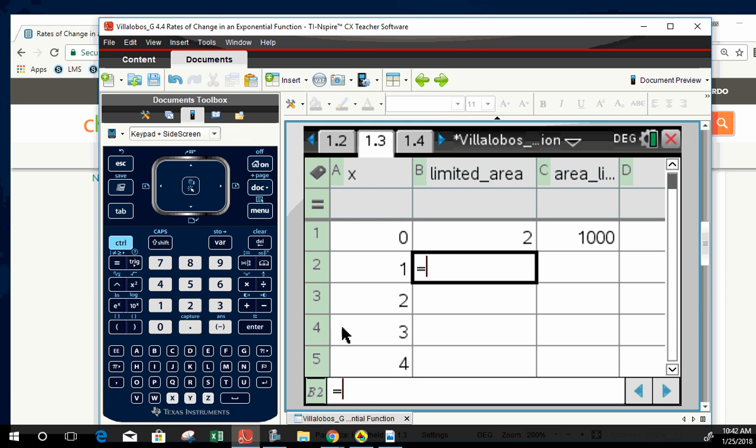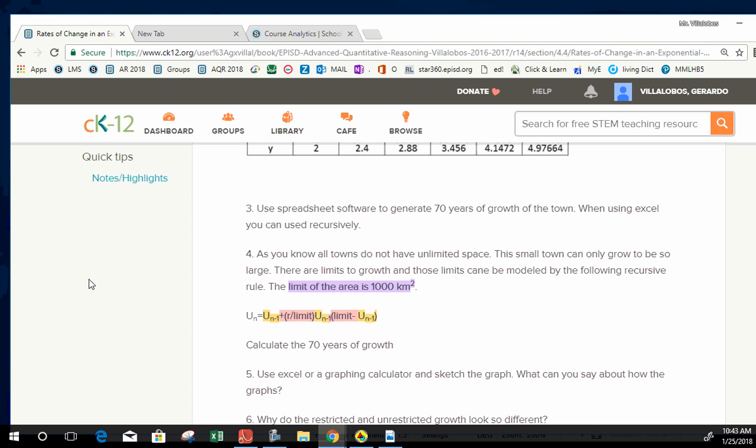So the previous term is B1, and then plus the rate over the limit.